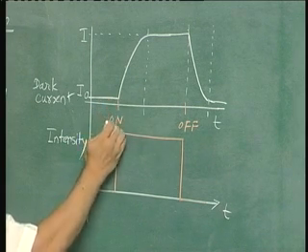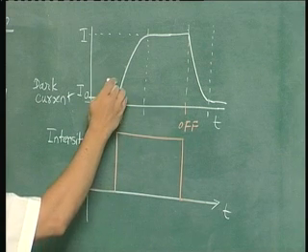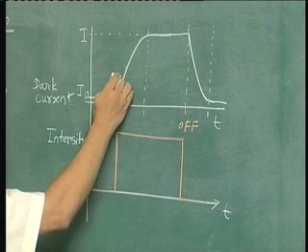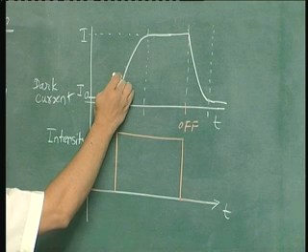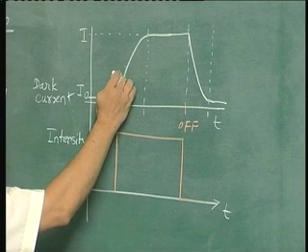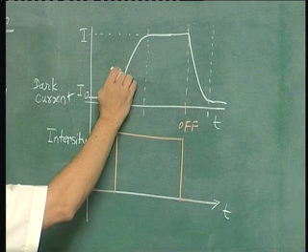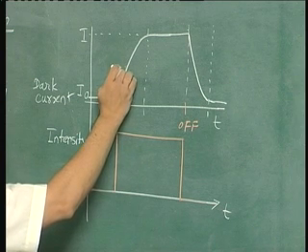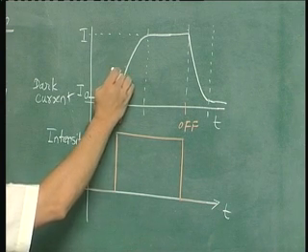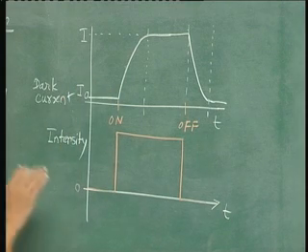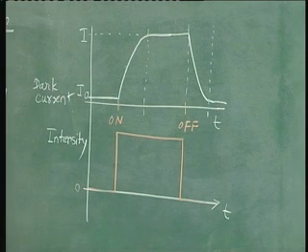So since the generation rate is more than the recombination rate, excess carriers are being generated and the carrier concentration is rising. As the excess carrier concentration rises, the recombination rate also goes on rising, because recombination rate depends on the hole and electron concentrations.